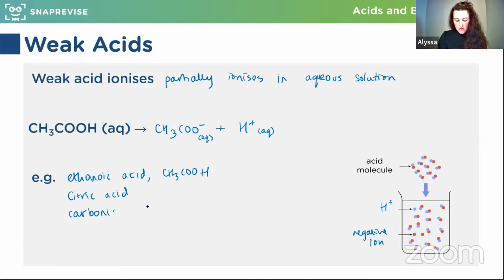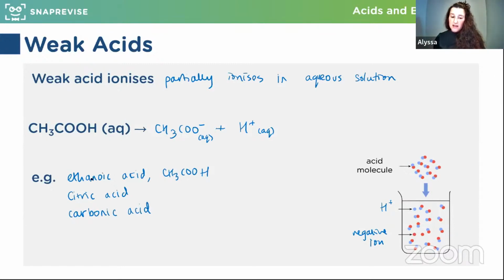You don't need to be able to recall these, but it's good to know that there are some out there. Right, questions. Good, it only partially ionizes in solution, so there are fewer hydrogen ions floating around. Yeah, exactly right.